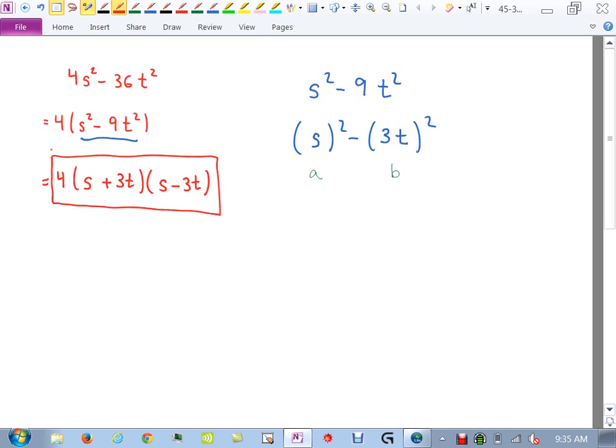Yes. Plus A squared. Wait, he said you could write it A squared. That's not correct. Well, let's look at the problem, okay?